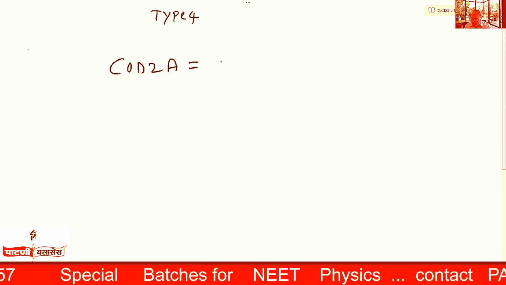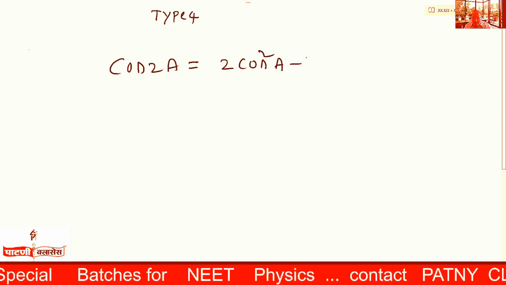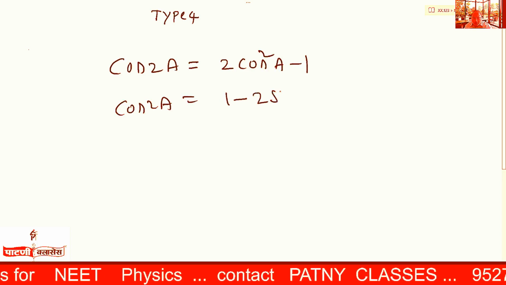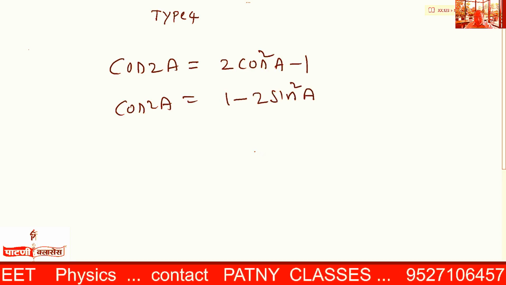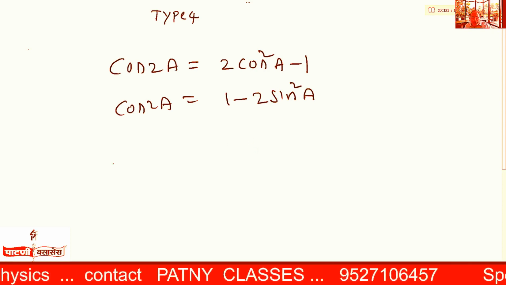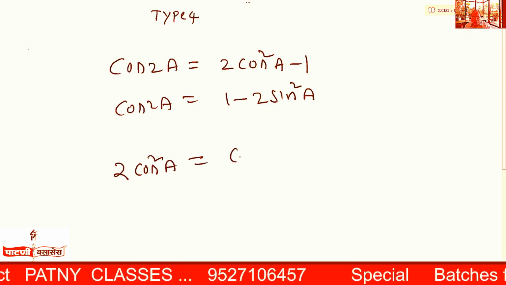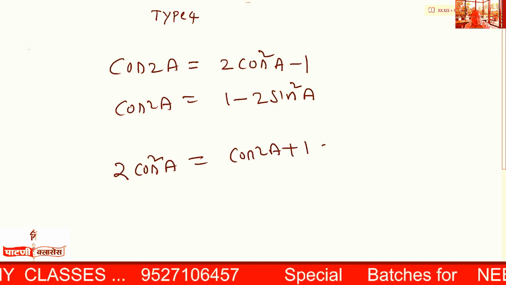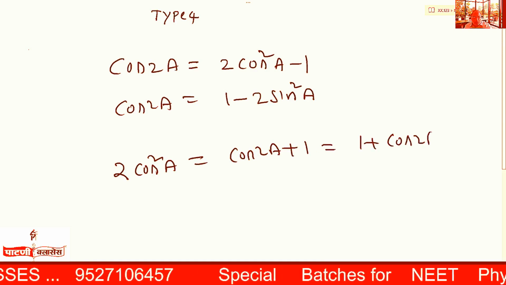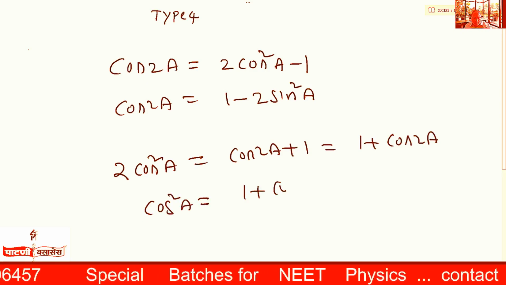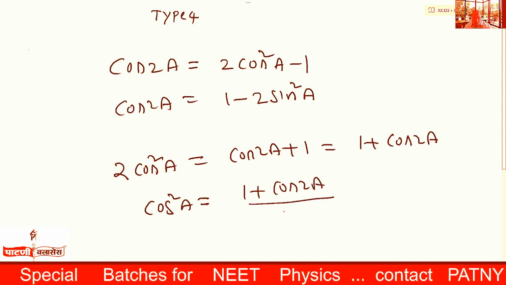Now let us remind ourselves of two formulae. The formula cos 2a equals 2 cos square a minus 1. Another formula: cos 2a equals 1 minus 2 sin square a. Now these formulae can be converted. We can remember that 2 cos square a equals 1 plus cos 2a, therefore cos square a equals 1 plus cos 2a upon 2.